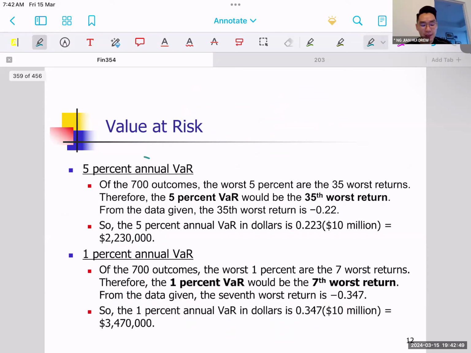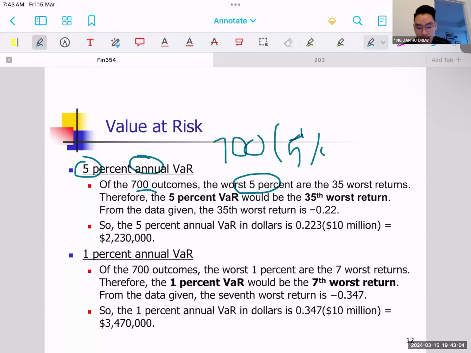So at a 5% annual VAR, we have 700 outcomes based on our Monte Carlo simulation. A 5% VAR means you take 700 times 5% to give you the 35th worst outcome, right? So at 5% VAR, we're looking at the 35th worst outcome.